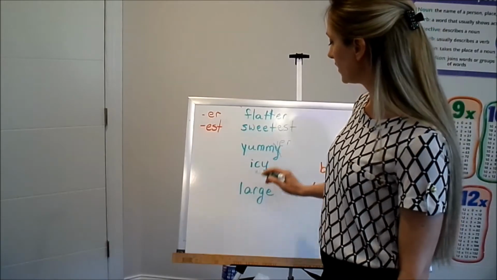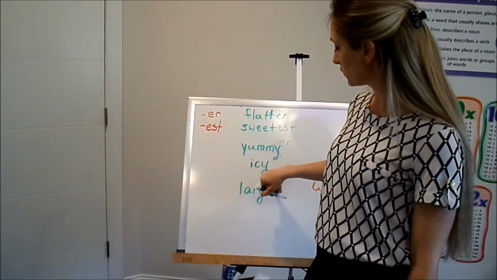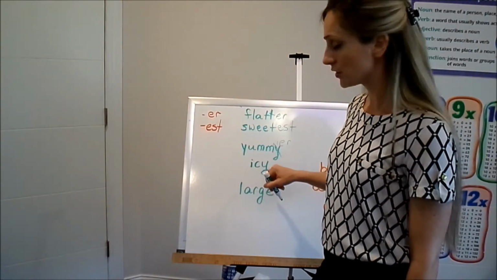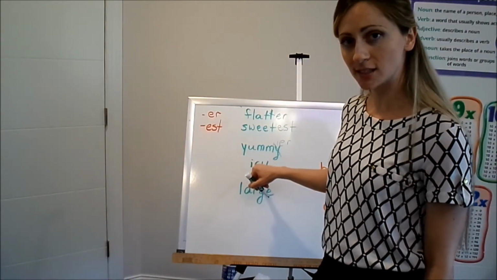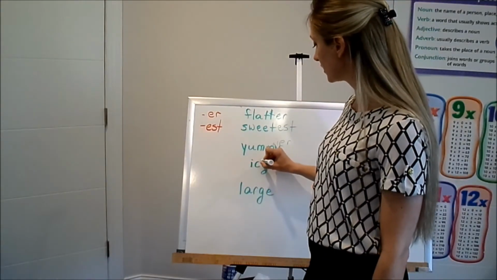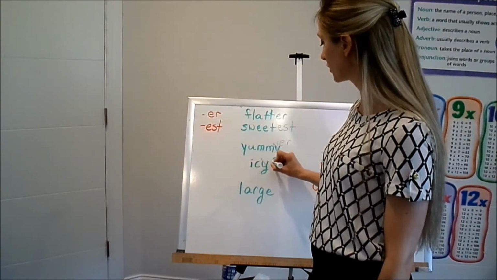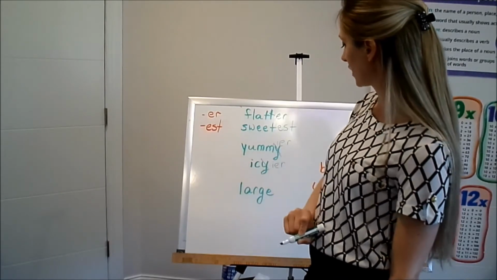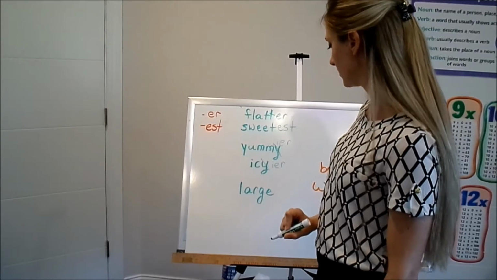Okay? And then icy, same here. It ends with a Y. What are you going to look for, Ksenia? The C is a consonant. You're going to look to see if there's a consonant before that. And if there is, the Y goes home, and you're going to change it to I-E, icier or iciest. It doesn't matter.